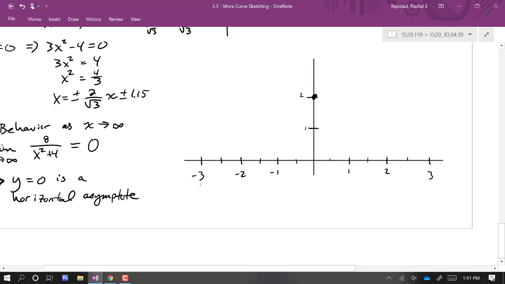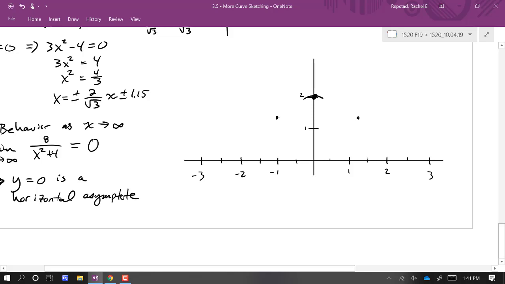The other points were at our inflection points, plus and minus 1.15, so that's here, and then the y was 3/2, so that's probably right around there, and maybe right around there. So there's our max. That's what it does.